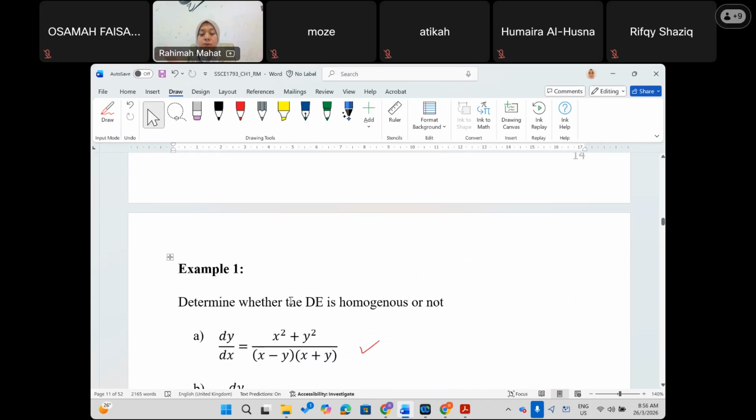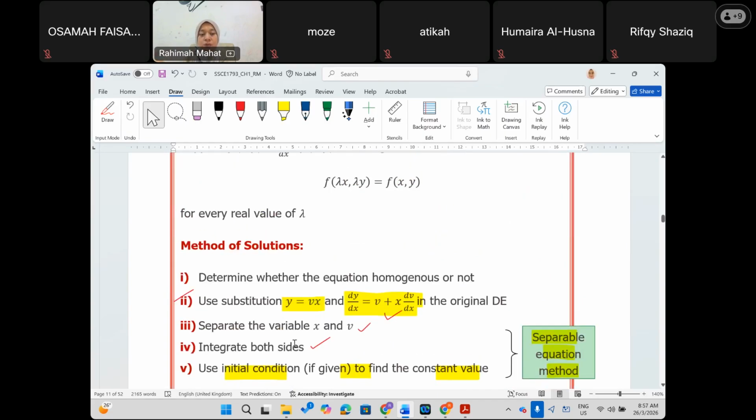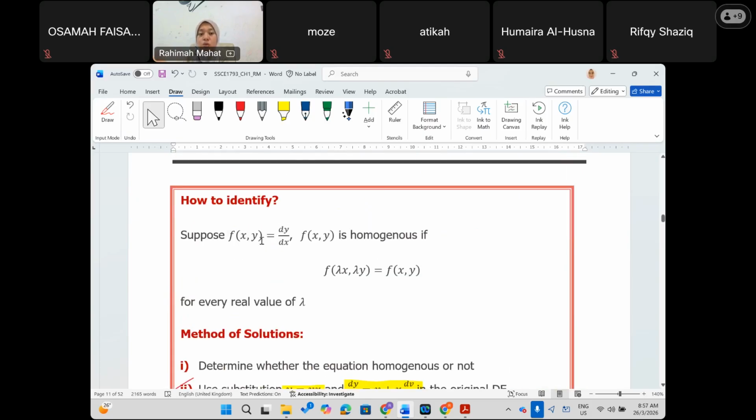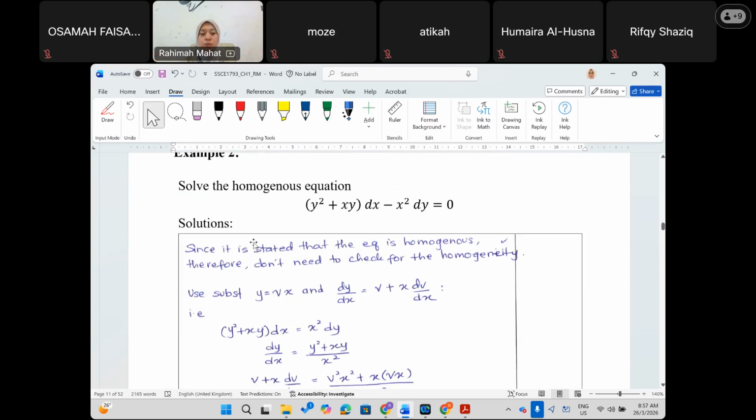In this example, you want to check if the equation is homogeneous, so you may proceed with this method of solution. If it is not homogeneous, you cannot use this method of solution. So we check the example to solve the homogeneous equation.